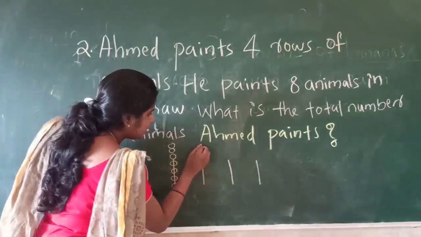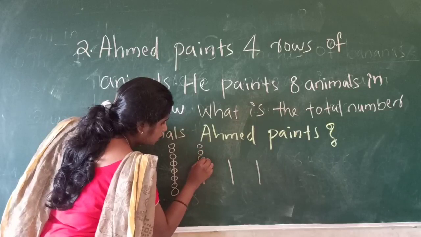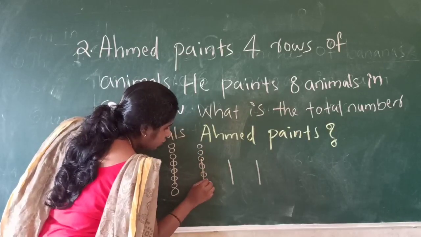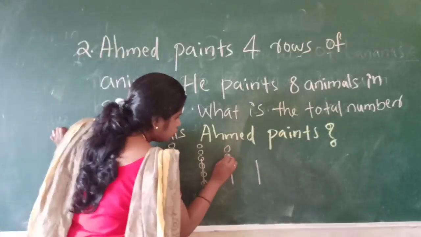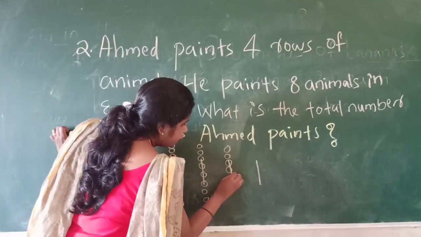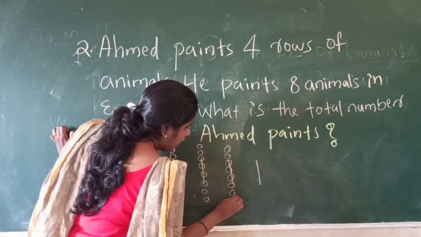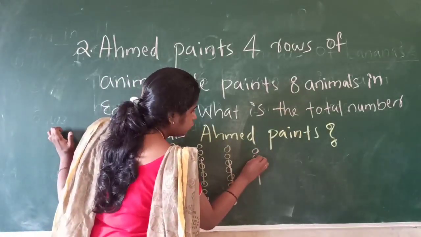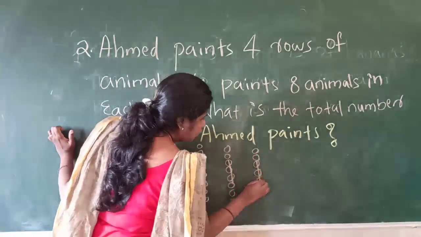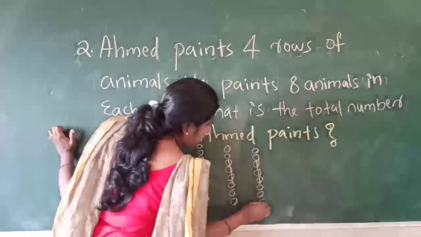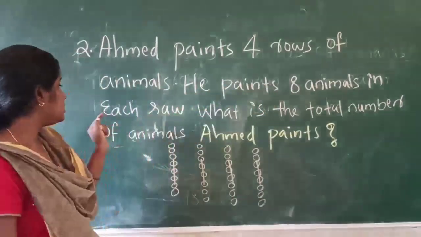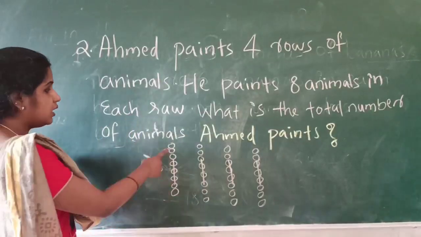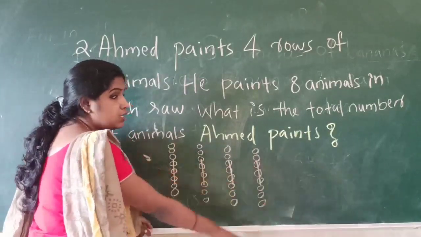And again in this row, 1, 2, 3, 4, 5, 6, 7, 8 animals, and the same in the other rows. That is, he painted 8 animals in each row.